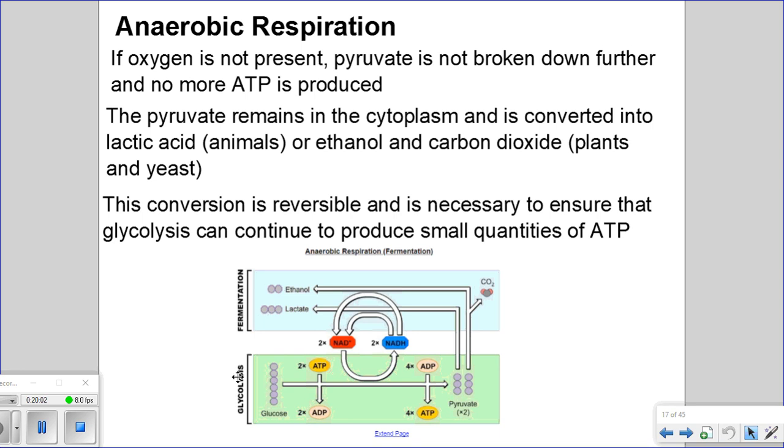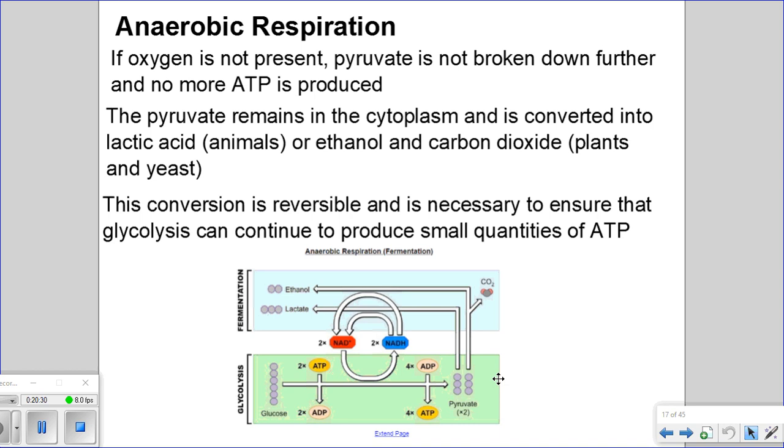So here is our process of glycolysis. Here we're generating pyruvate, and here, we don't have any oxygen to allow pyruvate to continue on. So in the absence of oxygen in animals, that pyruvate will then undergo more oxidation and reduction to generate lactate. This is a 3-carbon molecule, that lactic acid.